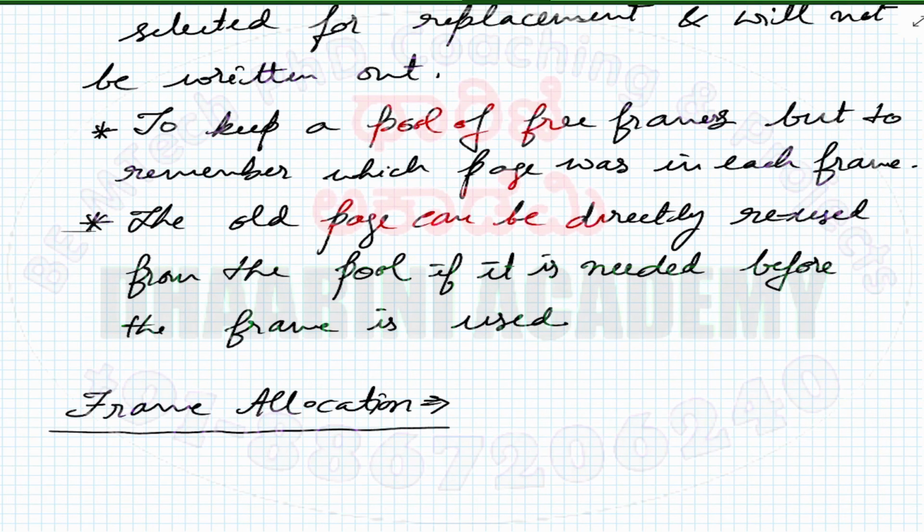Okay, so for example, you can consider that there is 128 KB memory available, which contains several pages, and each page is 1 KB in size. Just an example. So 128 KB I have, 1 KB is the size of every page, so totally 128 frames are possible.